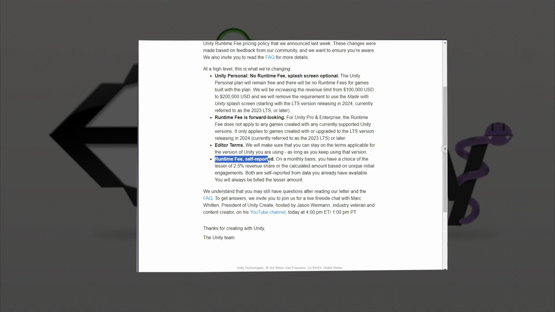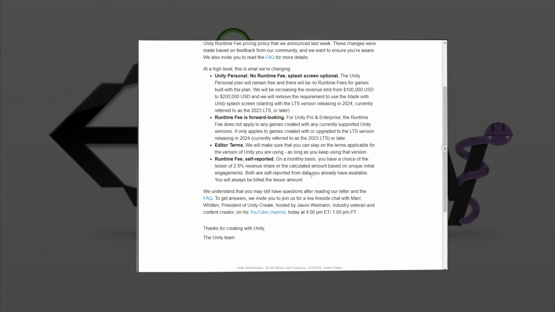And runtime fee is self-reported. So I think this is the result of the community feedback. I think I saw from the community that they wanted a self-reported system, and also I think the Unity higher-ups themselves were talking about a self-reported system, maybe after the backlash. Now let's see. On a monthly basis, you have a choice of a 2.5% revenue share.